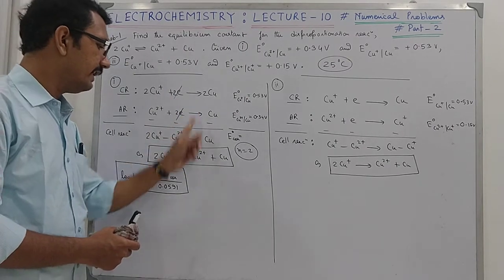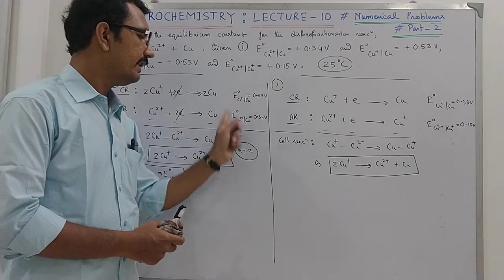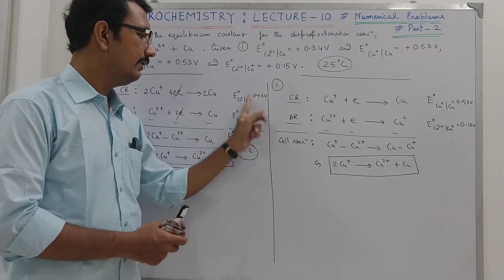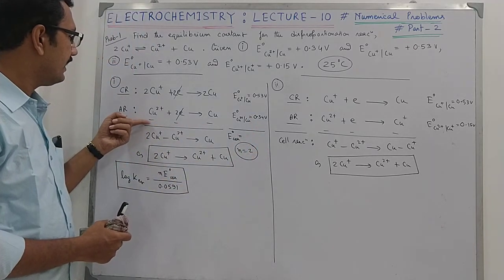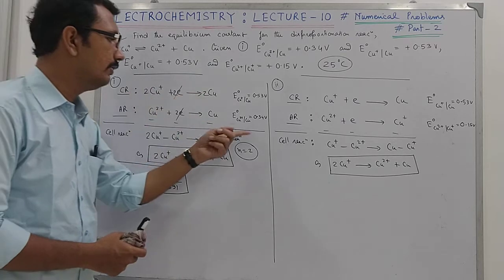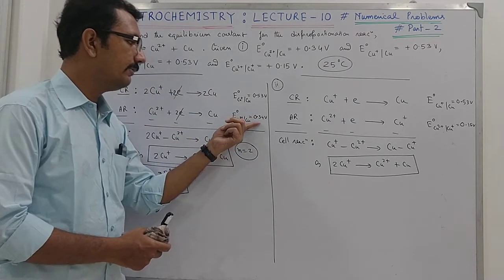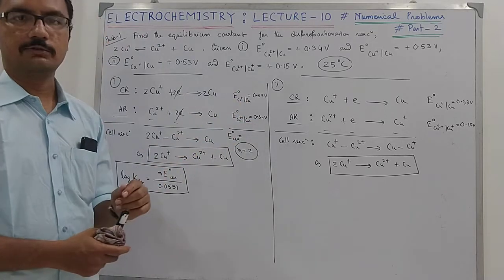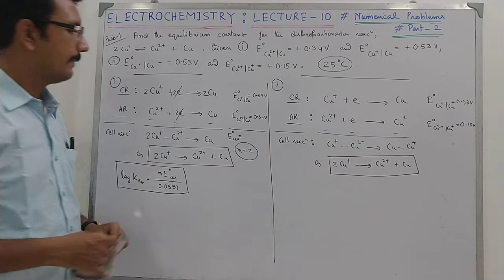The way in which we get the cell reaction must be carried forward to determine the EMF of the cell. So if we subtract the anode reaction from the cathode reaction here, here also we will subtract the standard EMF of anode from cathode. That will give you the standard EMF of the cell.